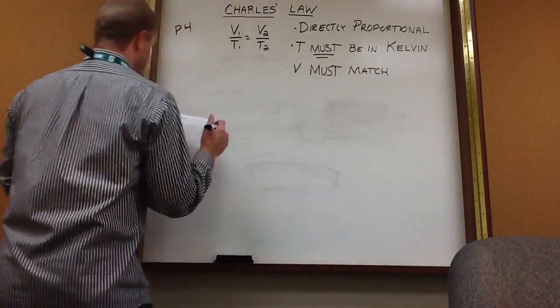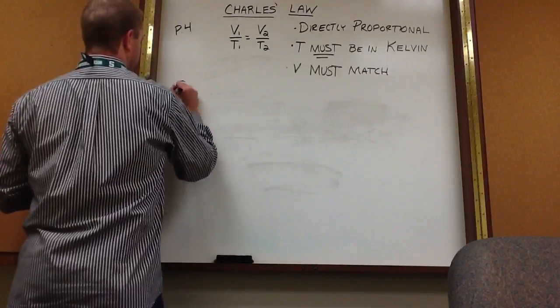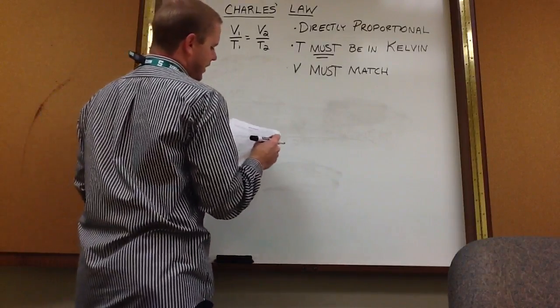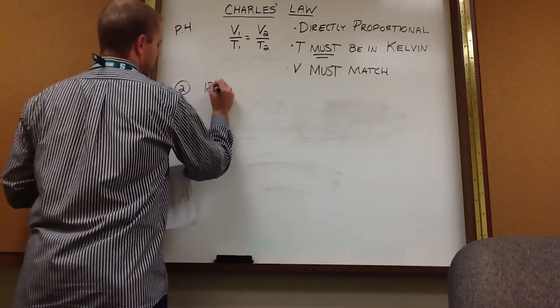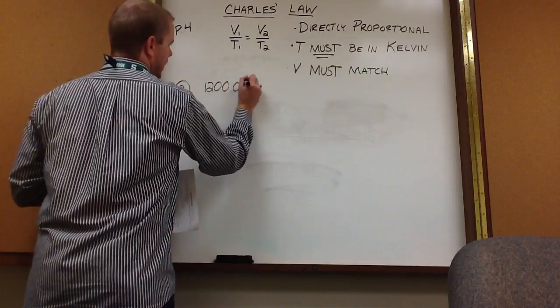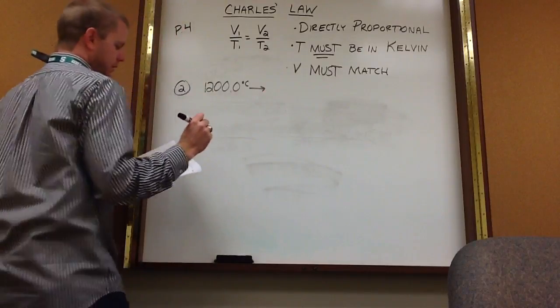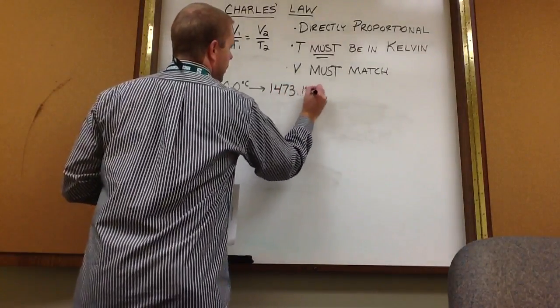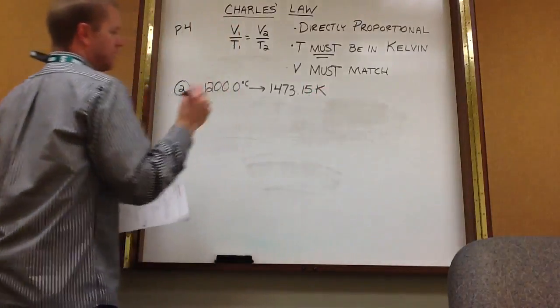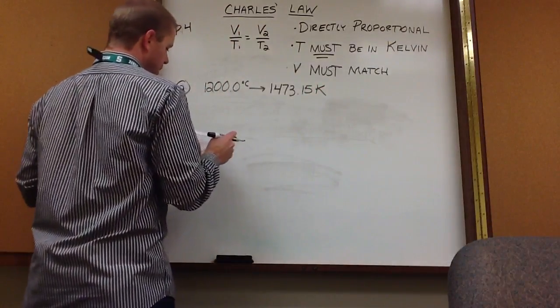Okay, number 2. Number 2 says calcium carbonate decomposes at 1200.0 degrees Celsius. So I'm going to save myself a little bit of time. I'm just going to tell you 1200 degrees Celsius becomes 1473.15 Kelvin. Just using the exact same equation we used just now.